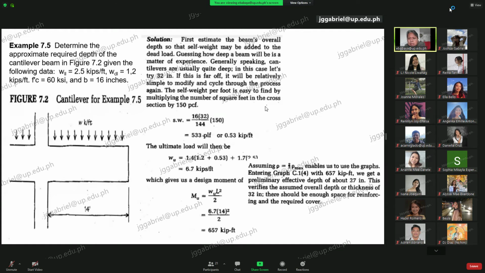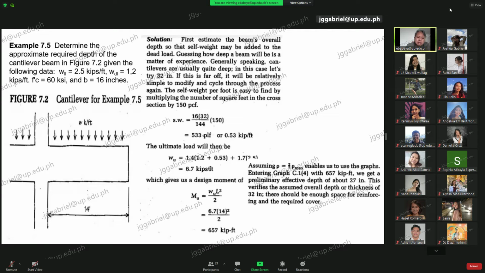Now let's look at this example. It says determine the approximate required depth of the cantilevered beam in 7.2 given the following data. You have a live load of 2.5 kips per foot, and then dead load. Now this w tells you that this is a uniformly distributed load.